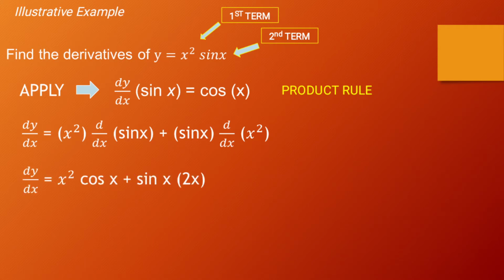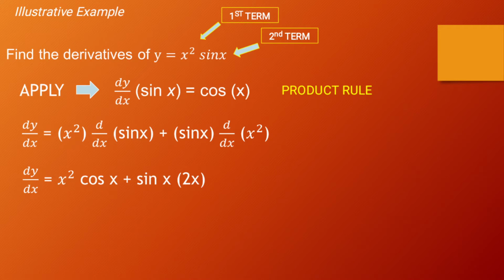You just get those derivatives. So dy over dx equals x squared times the derivative of sine x, which is cosine x, plus sine x times the derivative of x squared, which by the power rule is 2x.